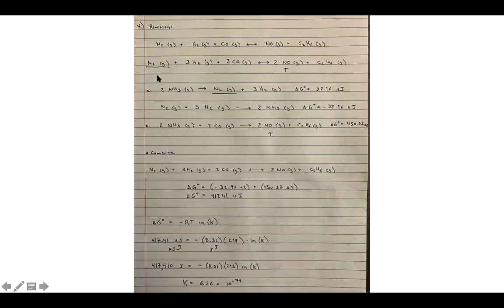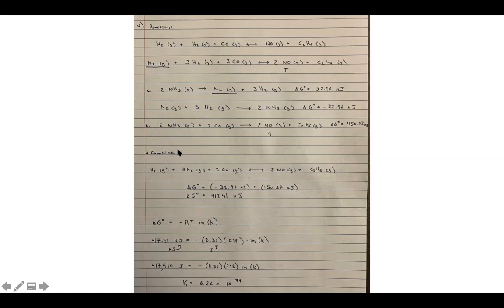Okay, now that I've manipulated my two subequations so that some of the compounds match how they appear in my goal reaction, I'm going to combine them. I'm combining my manipulated subreaction A and my subreaction B, which we didn't need to manipulate.